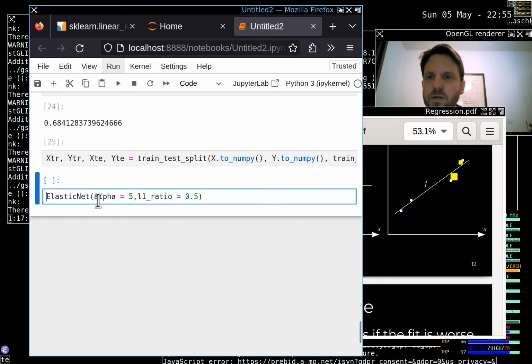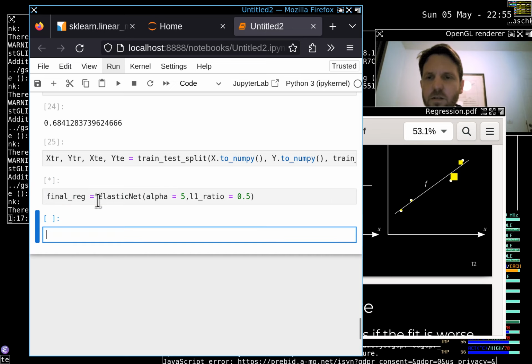This is our final regressor model here, and then we can do final fit, and yes, X-train.